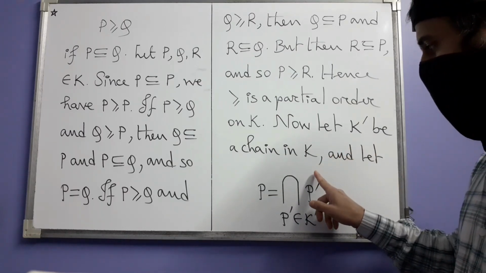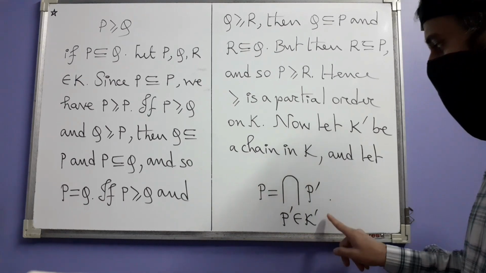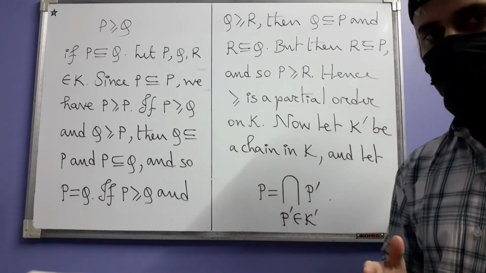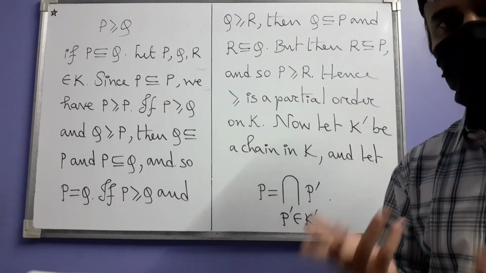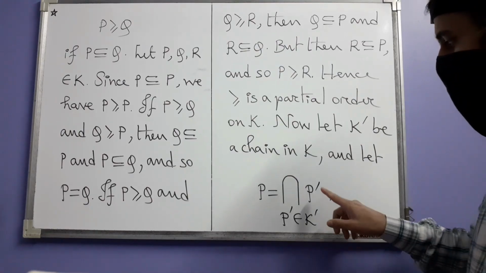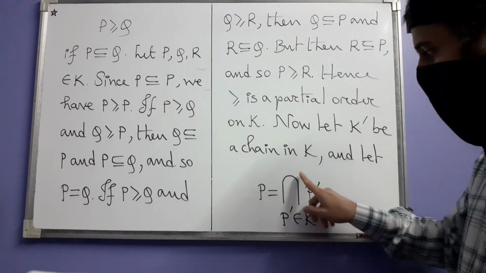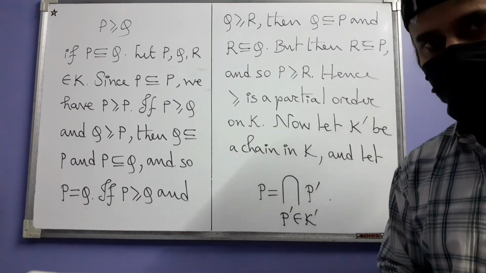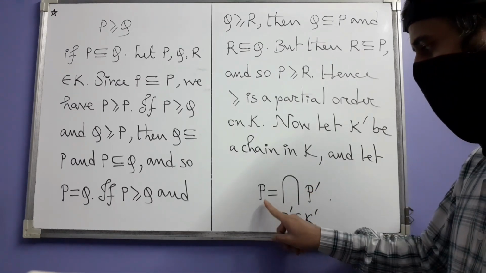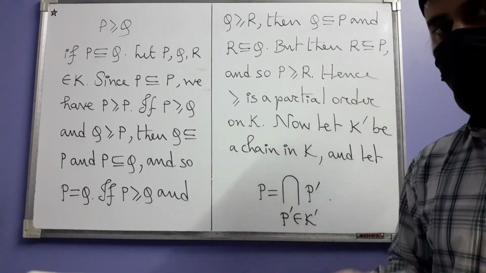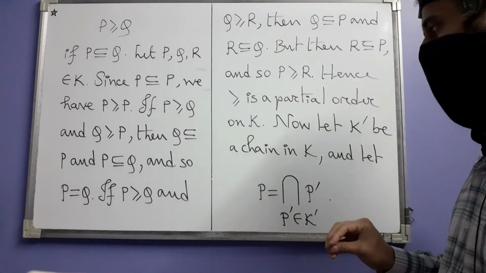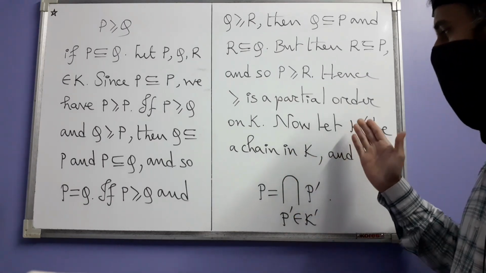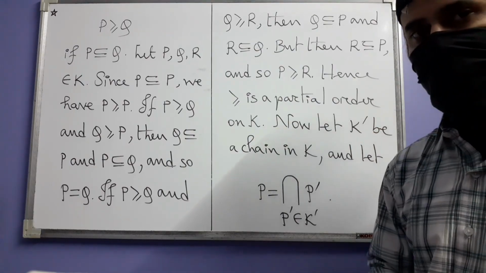And now, next we consider this. K prime as a subset of K will have what? Ultimately, it will have prime ideals. So we collect all those prime ideals and consider their intersection and call that intersection P. Our idea is to show that this P is actually going to be an upper bound for this chain K prime.